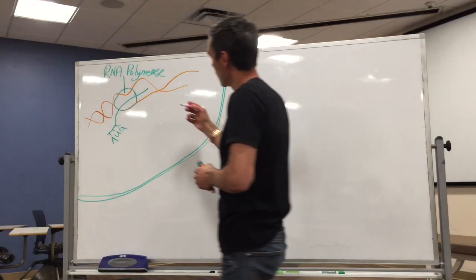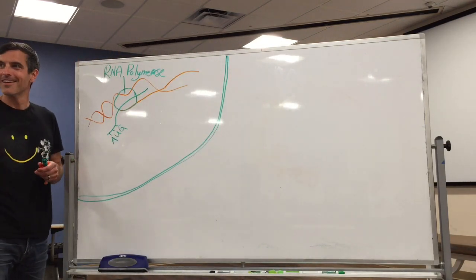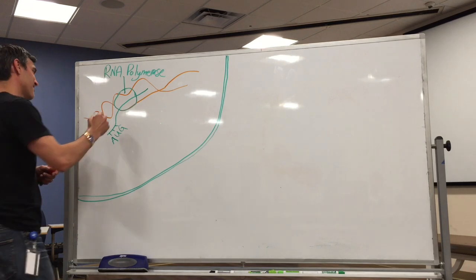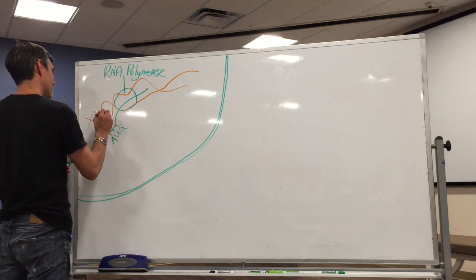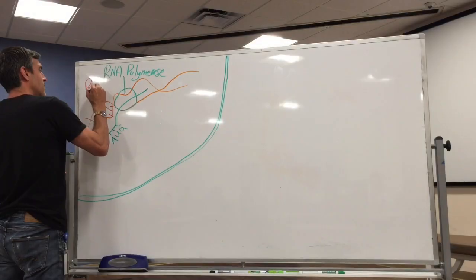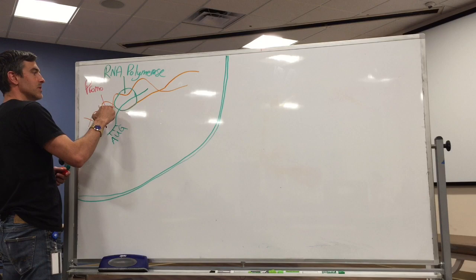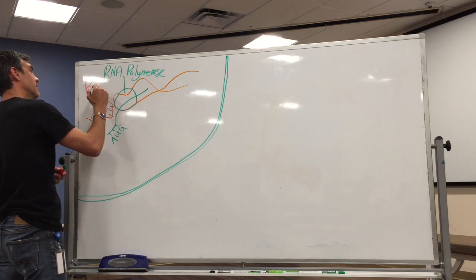The promoter. So the promoter is like a nightclub saying, come on into the club. So let's say it's right here. Promoter signals RNA polymerase start here because we have the gene we want right there.